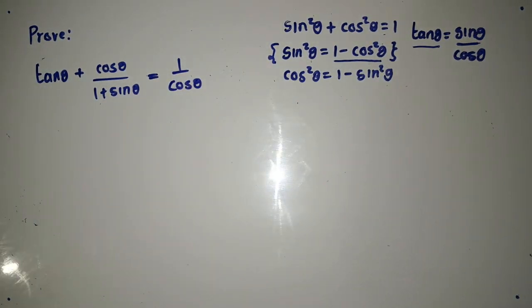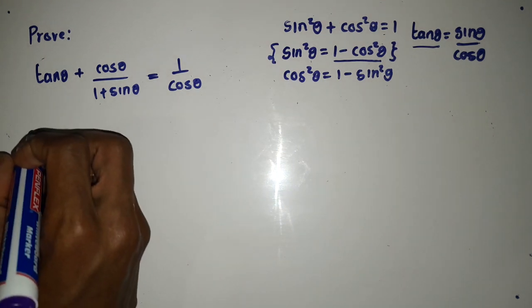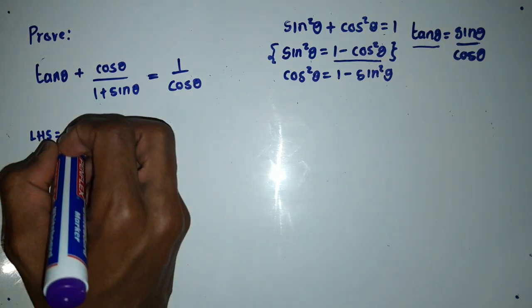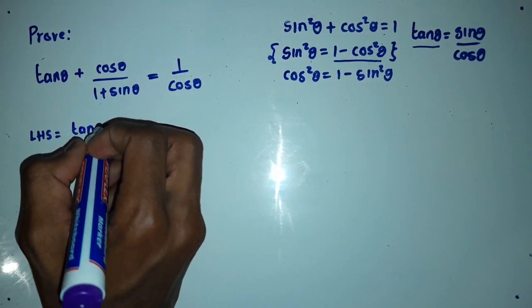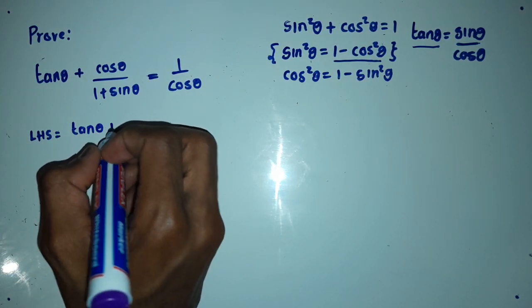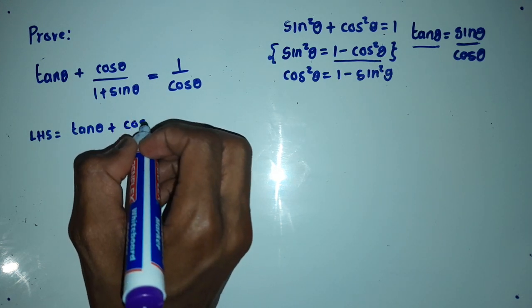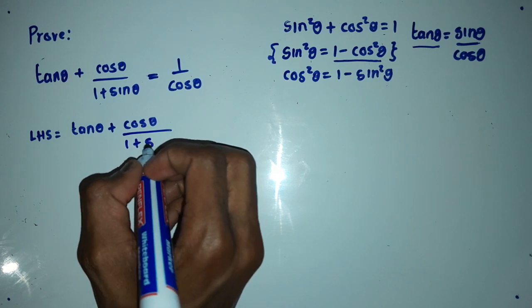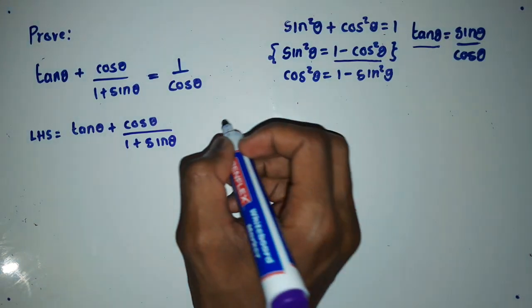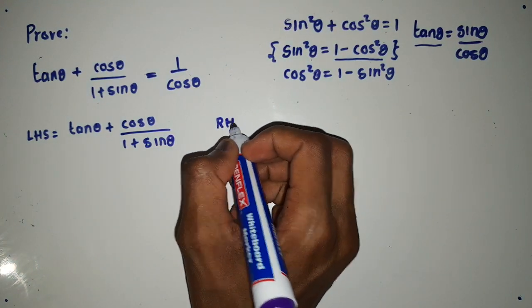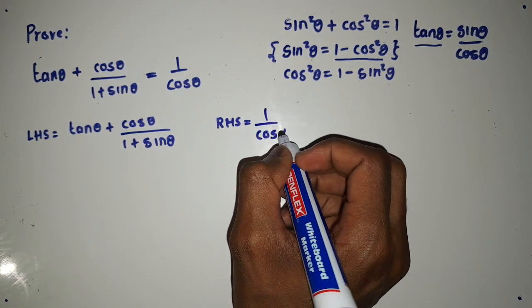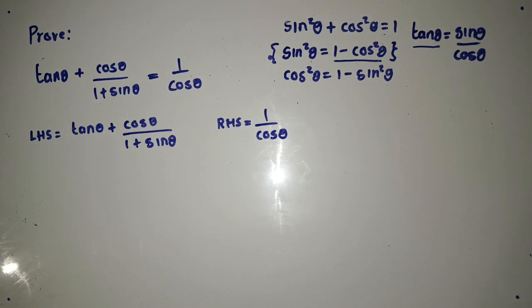How would you solve this one? Don't forget, we start by splitting them like this. We have tan theta plus cos theta, and we divide by 1 plus sine theta. Then our right hand side is just 1 all over cos theta like this.